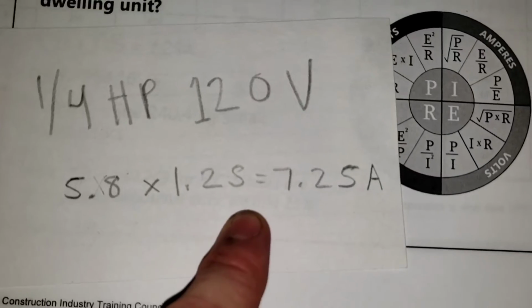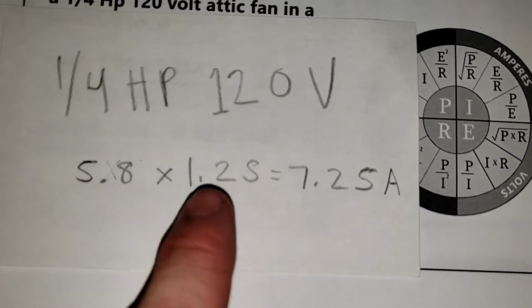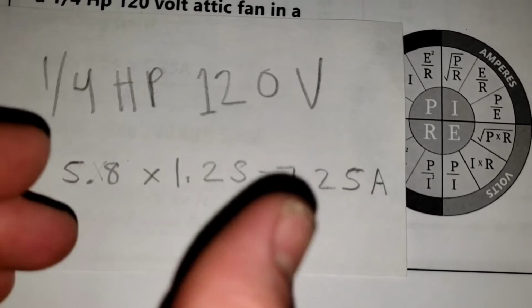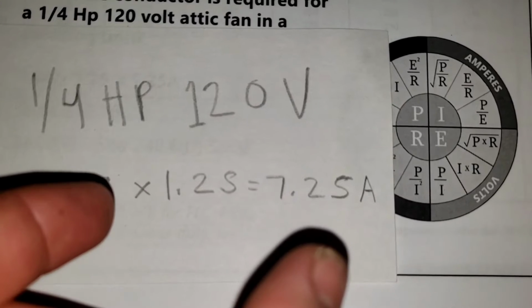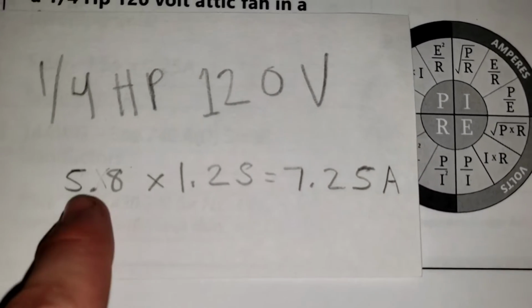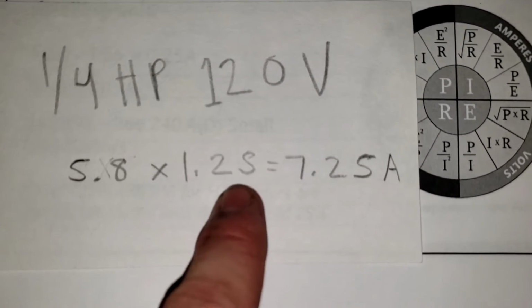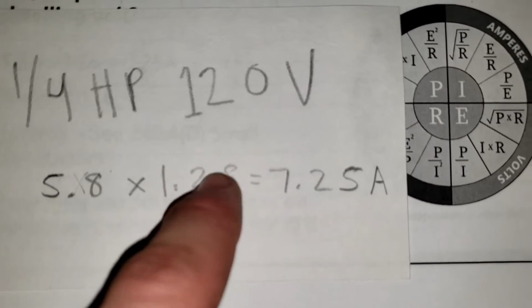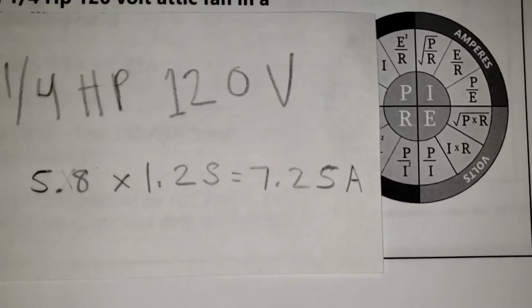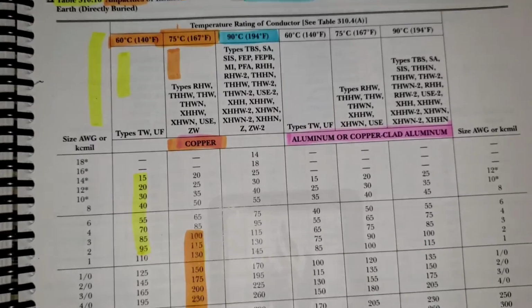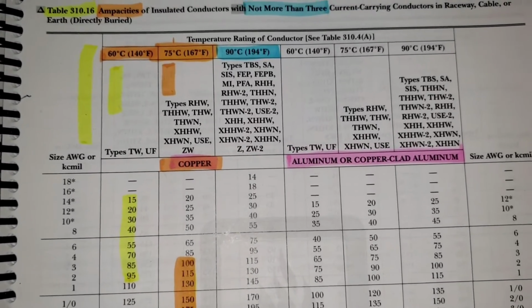Okay, so to add 25% to something, we're just going to get the whole number 1, and then 25% added on top of that whole number, and we're going to multiply that by what we have. So that adds 25% onto this. Okay? So that's our answer. 7.25 amps.